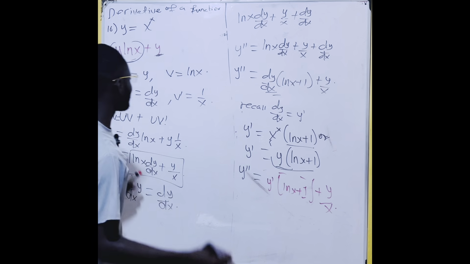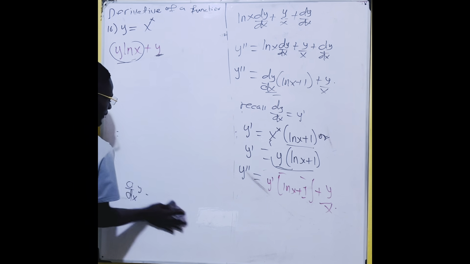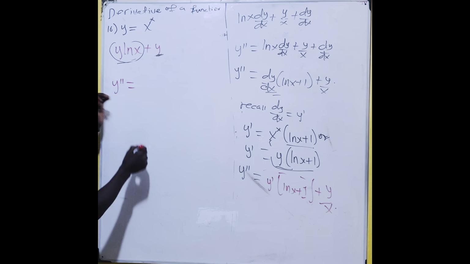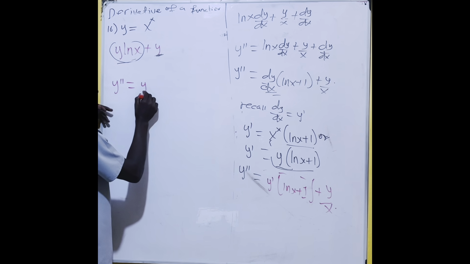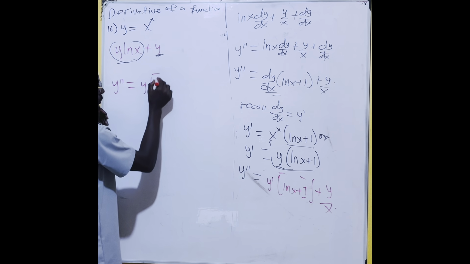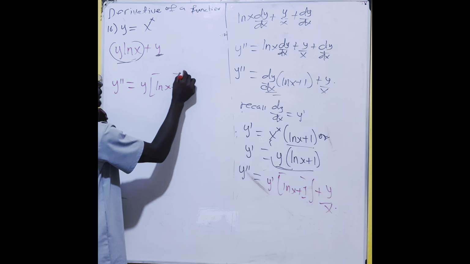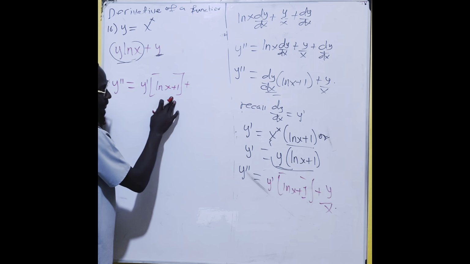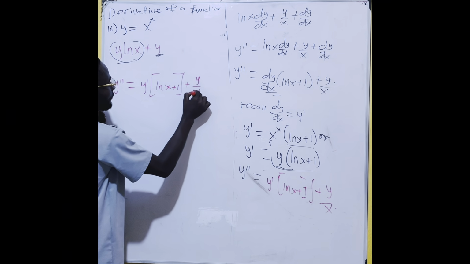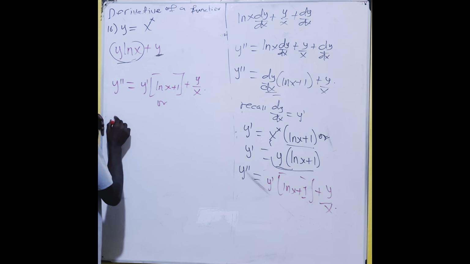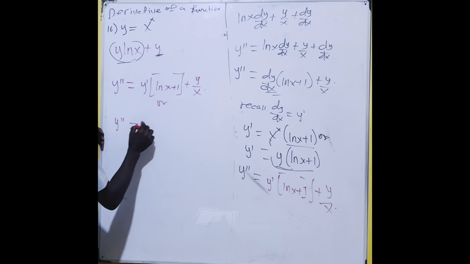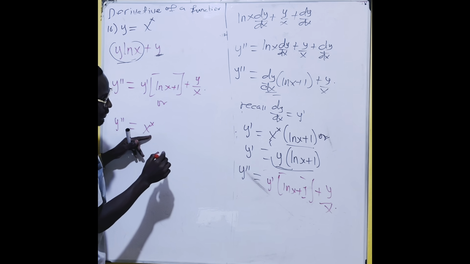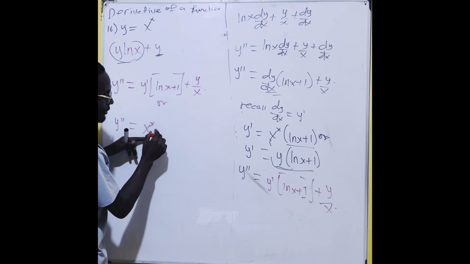Okay, so we are going to have our second derivative to be equal to y times ln x plus 1 plus y prime times ln x plus 1 plus y over x, or y prime prime equals x to the x.